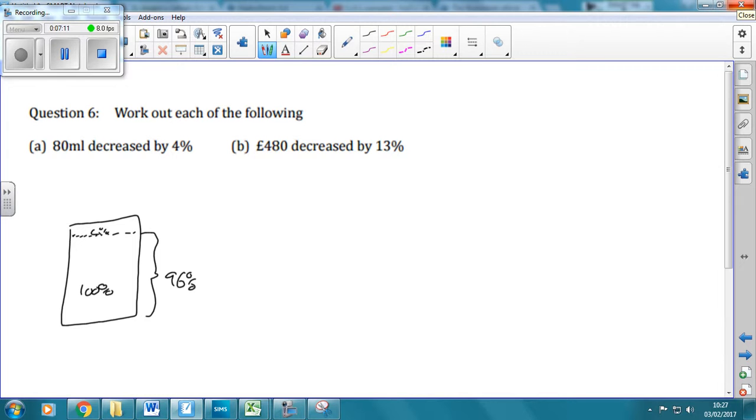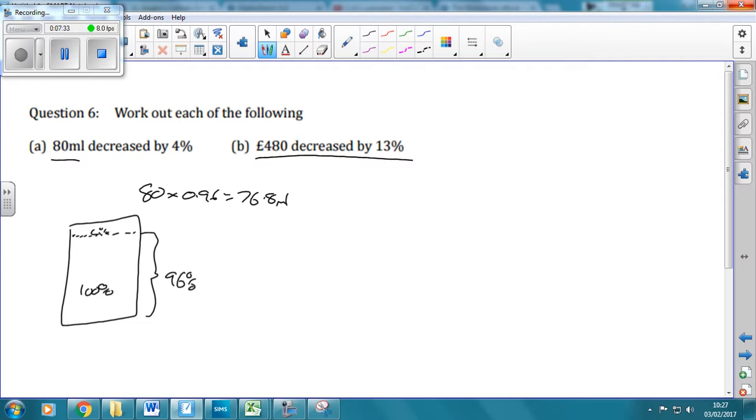So therefore, to decrease this by 4%, that's going to be 96%, so it's going to be 80 times by 0.96. So 80 times by 0.96 is 76.8, or 76.8 mils.